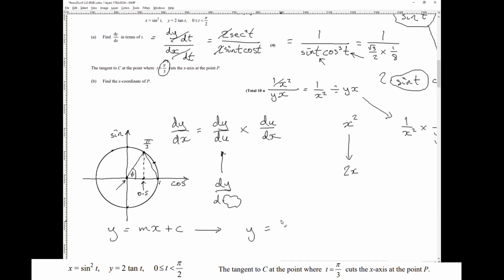But anyway, therefore, our m value is what? What's the gradient of the tangent at the point P? How do we know the gradient of the tangent at any point on a curve, including this curve?